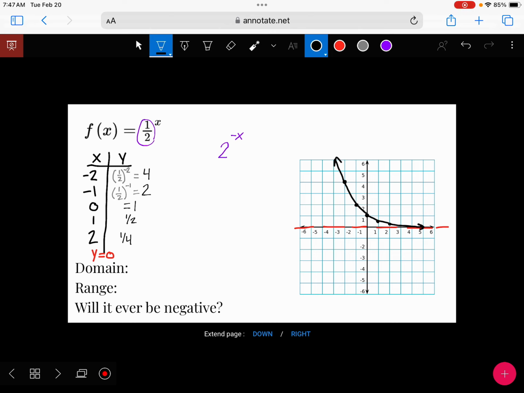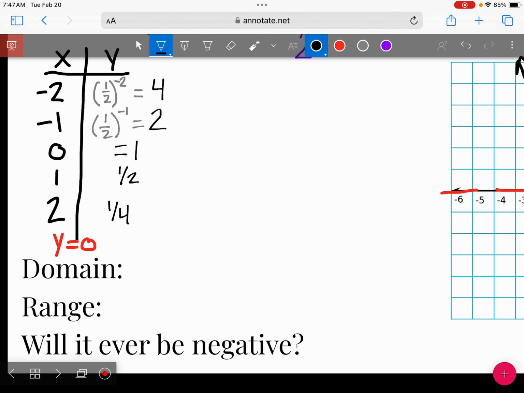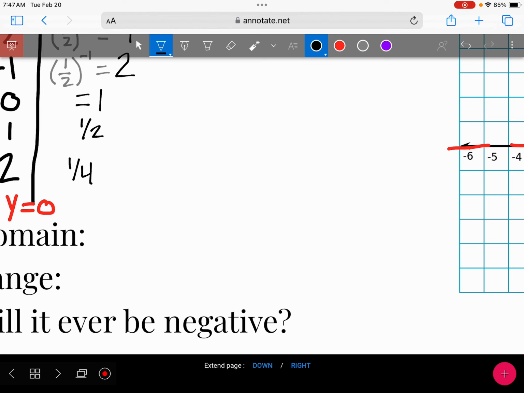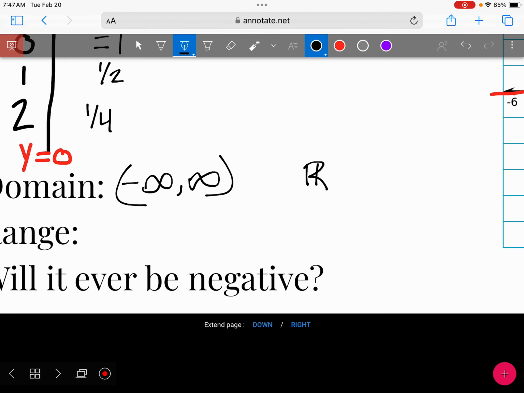So our last piece on this one before we start going into some transformations is we're going to notice our domain and range. What's our domain again this time? All real numbers, or from negative infinity to positive infinity. Both are fine. How about our range?